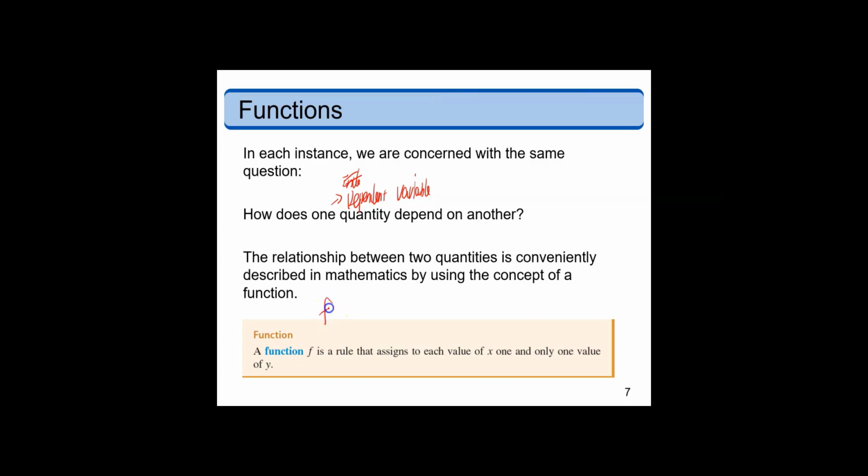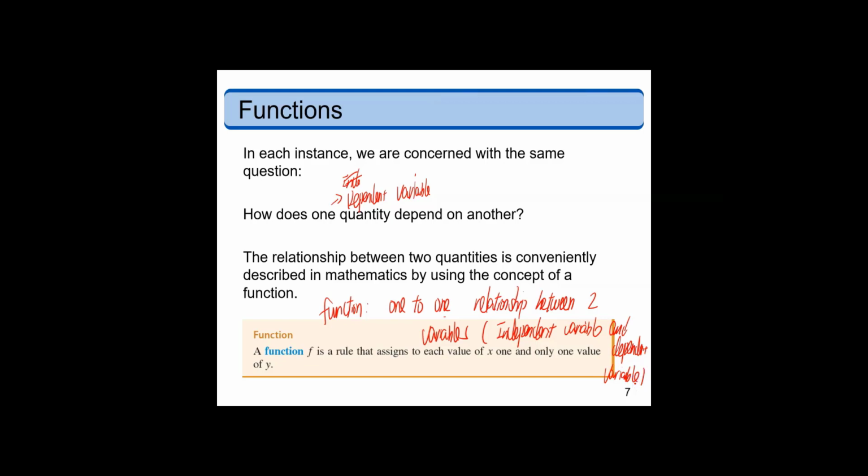Meaning a function is a one-to-one relationship between two variables. Those two variables are the independent variable and the dependent variable. And we try to figure out a relationship between those two variables.